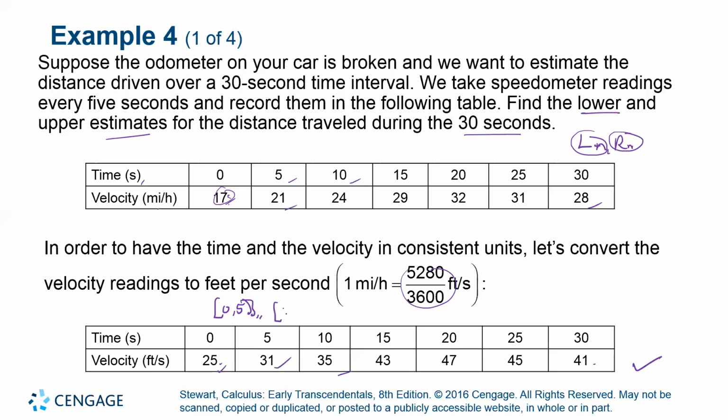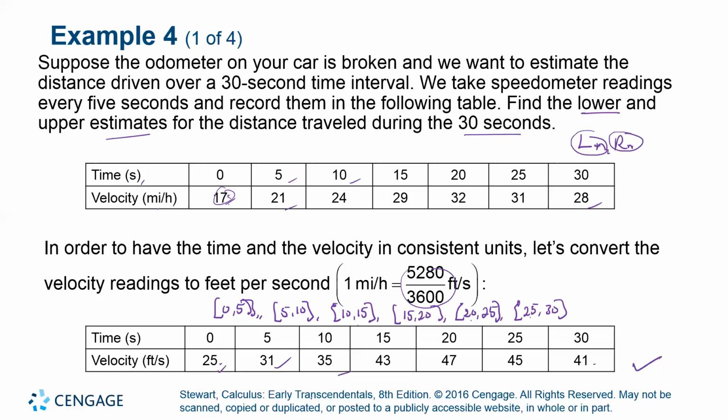The second is 5 to 10. The third is 10 to 15, then 15 to 20, 20 to 25, and 25 to 30. So how many subintervals? 1, 2, 3, 4, 5, 6.